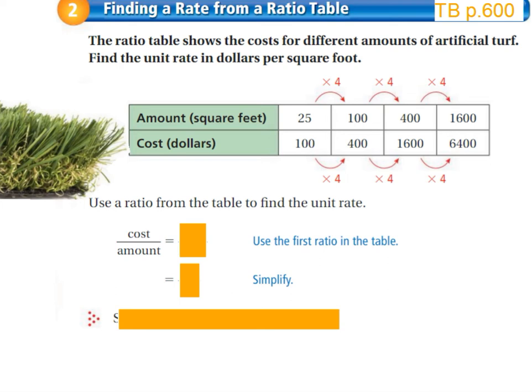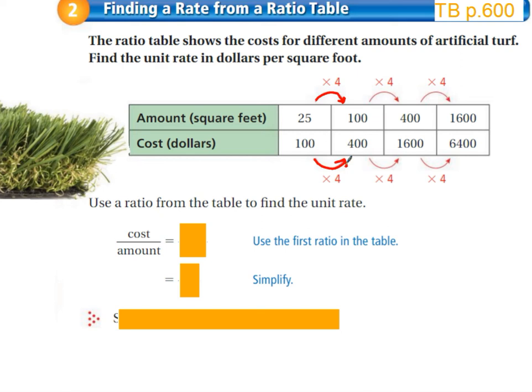Okay, let's take a look at another example. This time, instead of a word problem with information, they give us a rate table. And you've made lots of rate tables over the past year. So the ratio table shows the cost for different amounts of artificial turf. Find the unit rate in dollars per square foot. Now notice, with all of these numbers, they are simply multiplying both numbers by the same number to increase or find a larger amount for the cost.